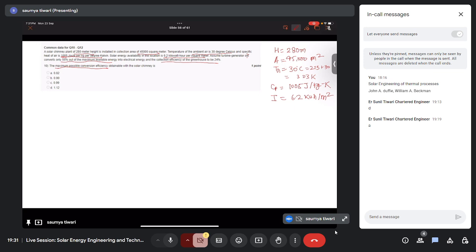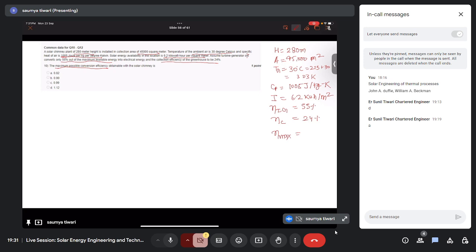What else is given is the turbine generator efficiency, 55%, and the collection efficiency of greenhouse, 24%. Now what has been asked is the maximum possible conversion efficiency for the solar chimney.